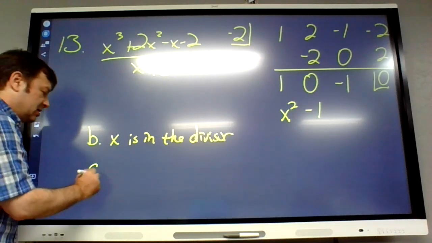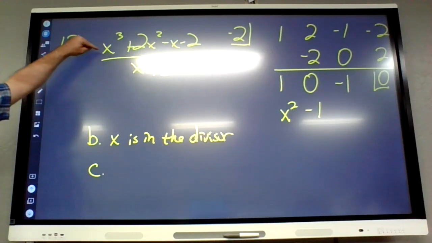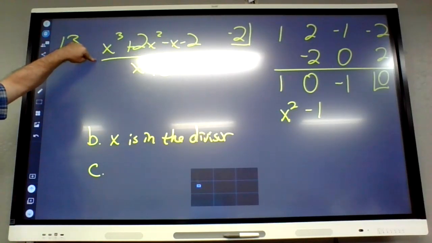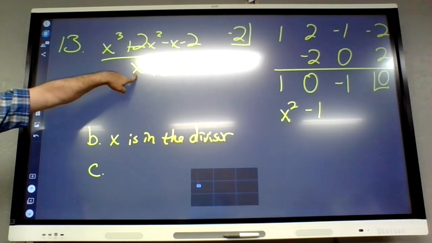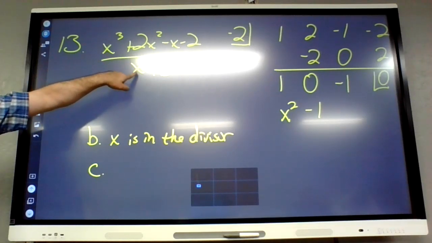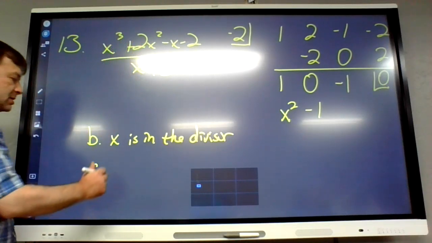C. Give the values of x for which each expression is undefined. So what x values will not work in the first thing? -2, because remember, you can't divide by 0. So if x were -2, this thing would blow up.